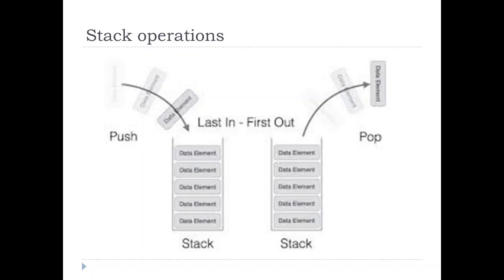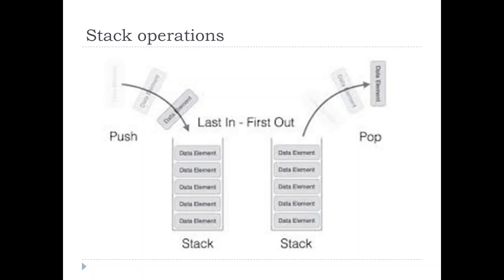As we keep data into the stack, the first data will be stored here, and this will always be pointed to by stack top. It is known as stack top. So stack top will always point to the latest inserted data in the stack.